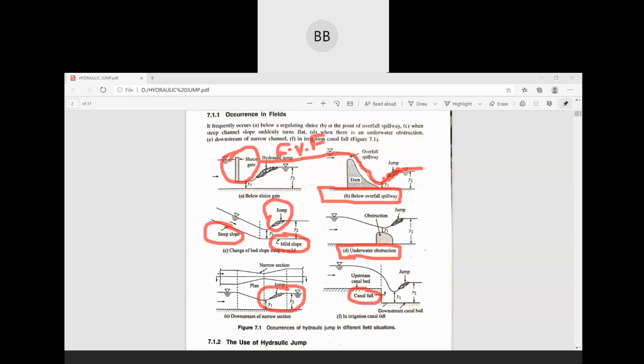Then your canal bed changes, so again it strikes here and there will be some jump at the downstream end. These figures are very common, and you can observe a hydraulic jump in your native place. There are also different types of jump. Some are strong jumps, some are weak jumps, depending on the criteria. So you can draw these diagrams.